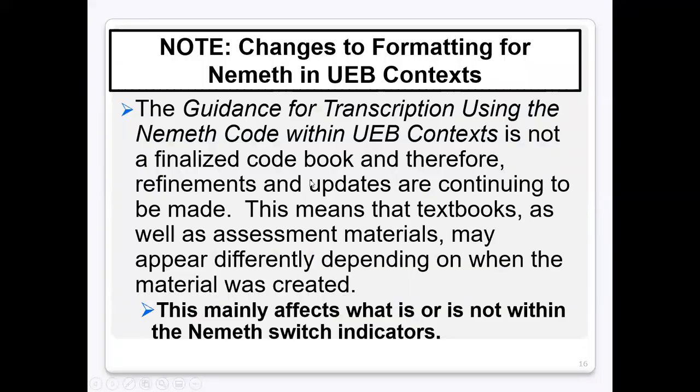All right. Changes to formatting with Nemeth in UEB context. This is just a reminder, I did this in the webinar last year. If you've been following this since the beginning, I remember we first did the Using UEB and Nemeth webinars in early 2015. Since then, they've changed the guidance for transcription using the Nemeth code within UEB context at least one or two times.